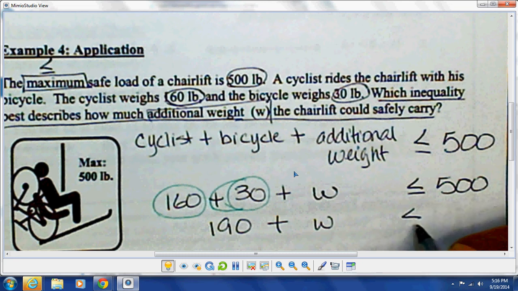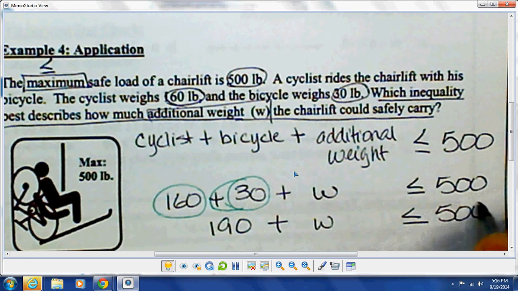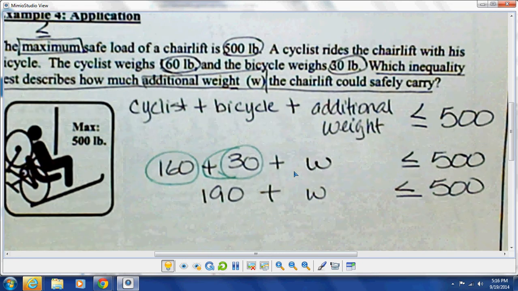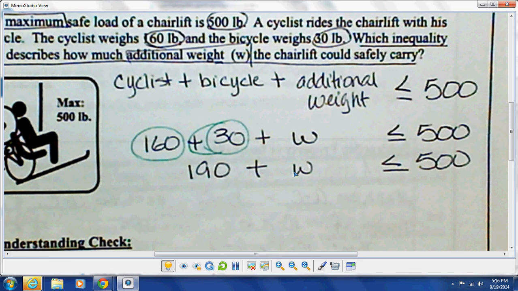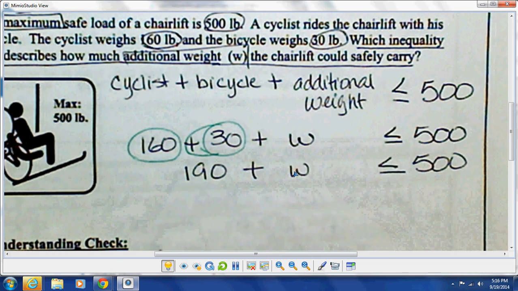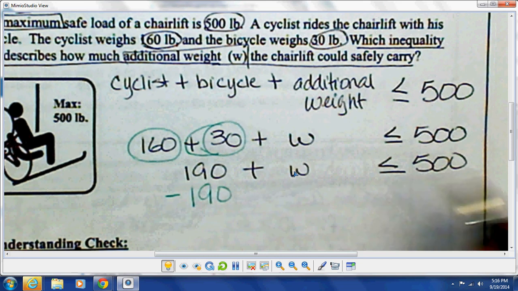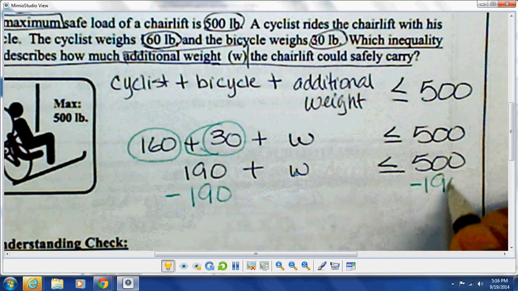And let's rewrite the inequality. Now since I have 190 plus W and I'm trying to isolate my variable, I need to remove my 190. The inverse of 190 is subtraction, so I subtract 190 from both sides.